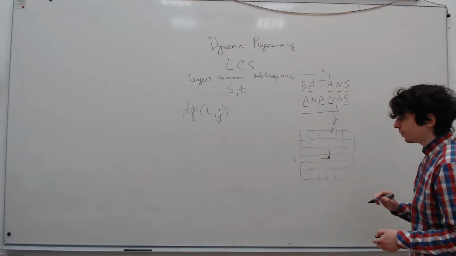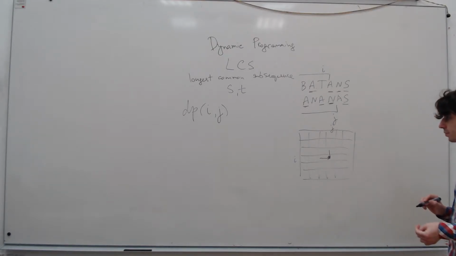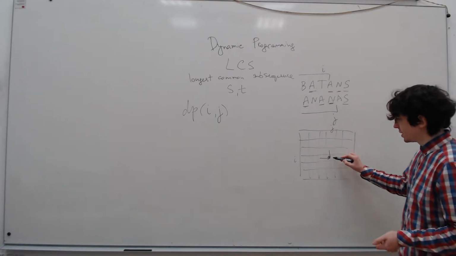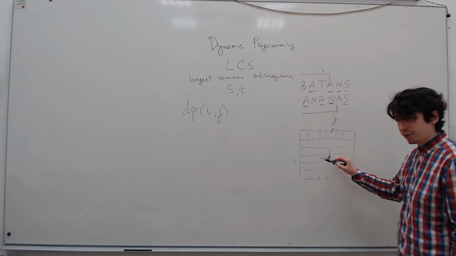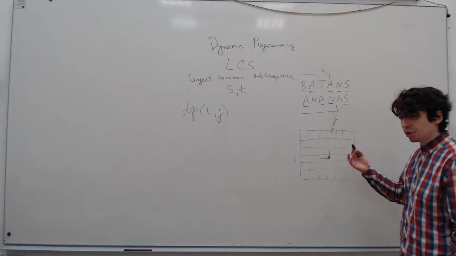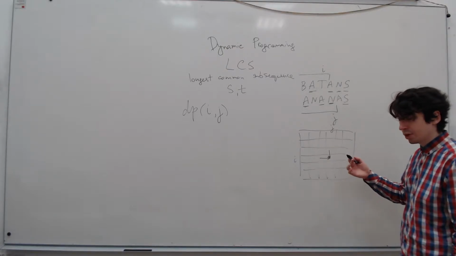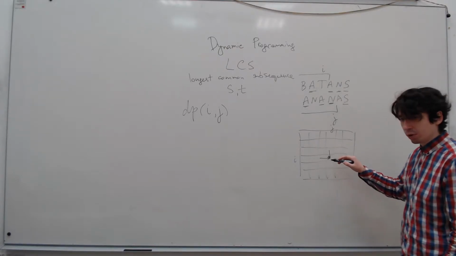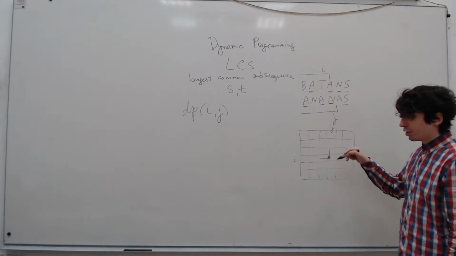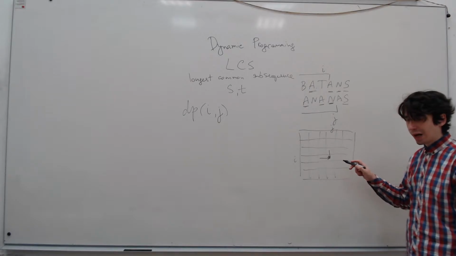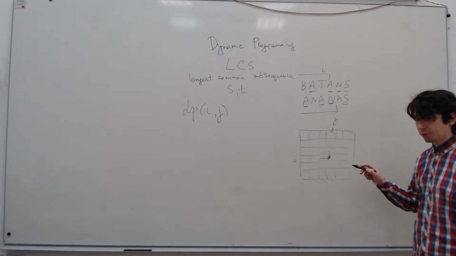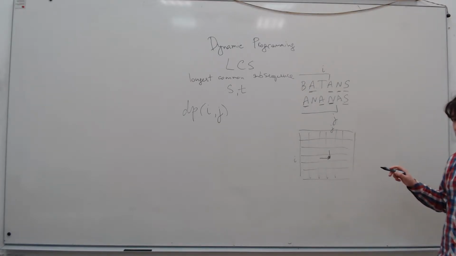But the problem here is that when you come from the top and from the left, you don't increase the answer because there are no equal characters there. So we should have one more step. From where will it be?